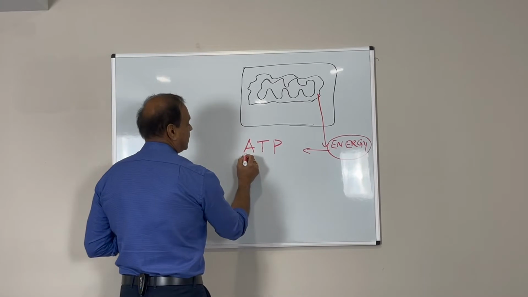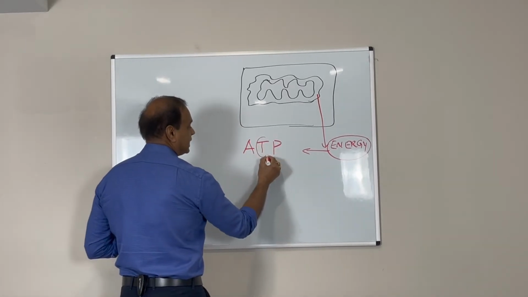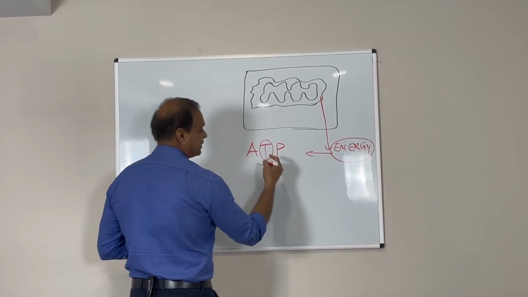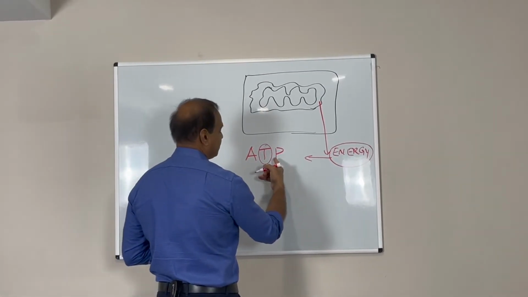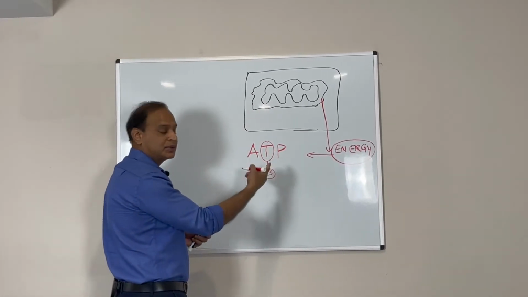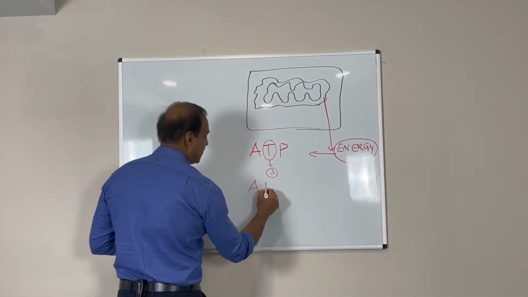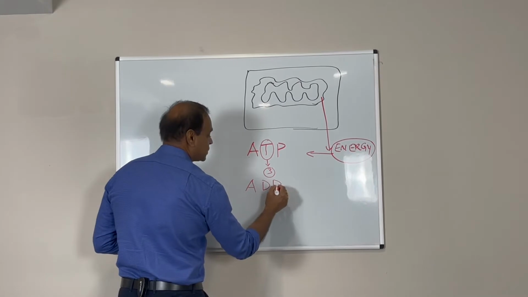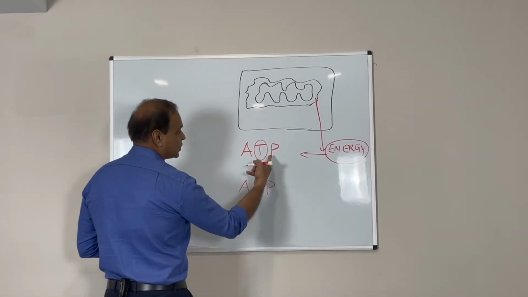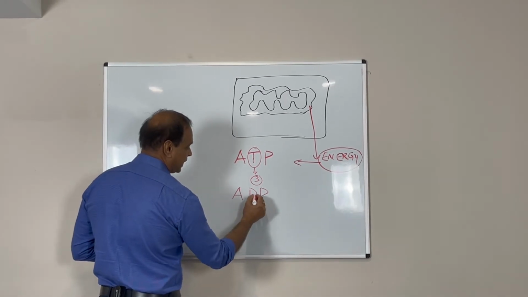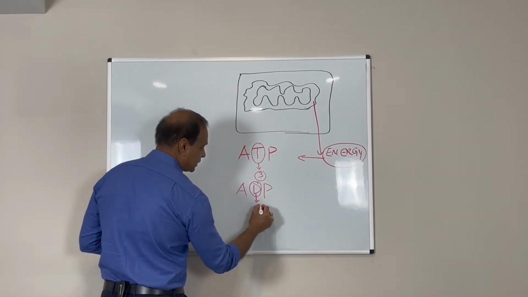Now adenosine tri is 3, phosphate is obviously the self-explanatory phosphorus molecule which gives energy, and then the next unit is ADP, which is 1 phosphate less, so that's adenosine diphosphate, di meaning 2 molecules.